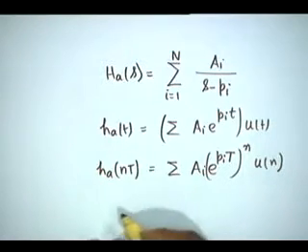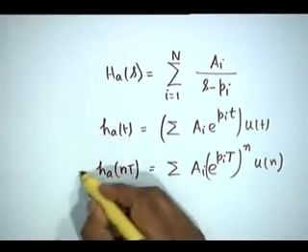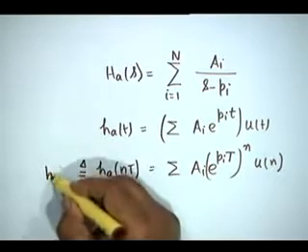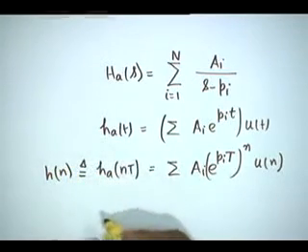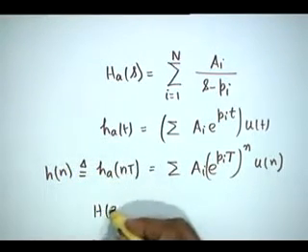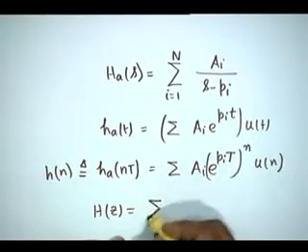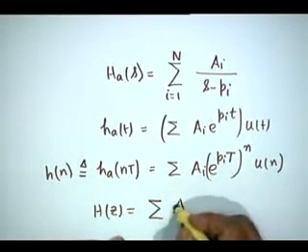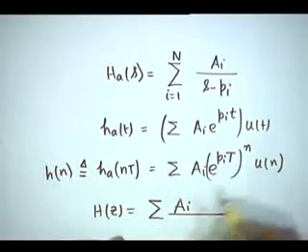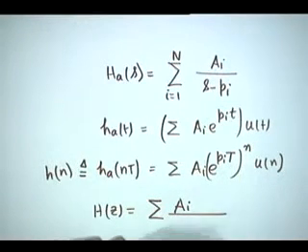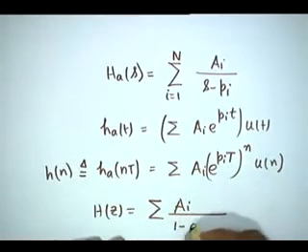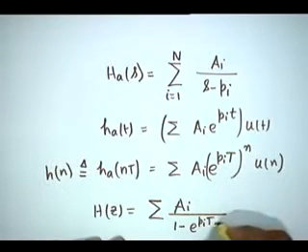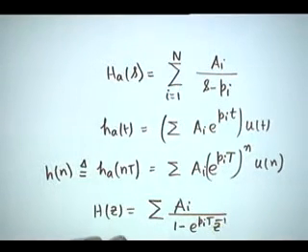And I identify this as my h(n). So, my transfer function becomes H(z) equal to the summation of A_i divided by 1 minus e to the p_i T z inverse, this is the z transform, i equal to 1 to N.